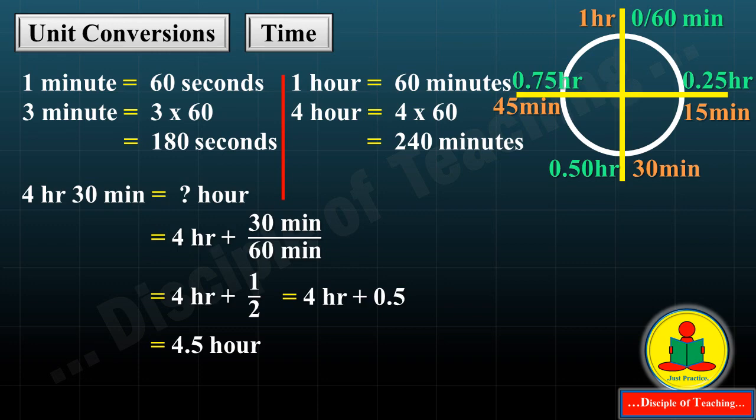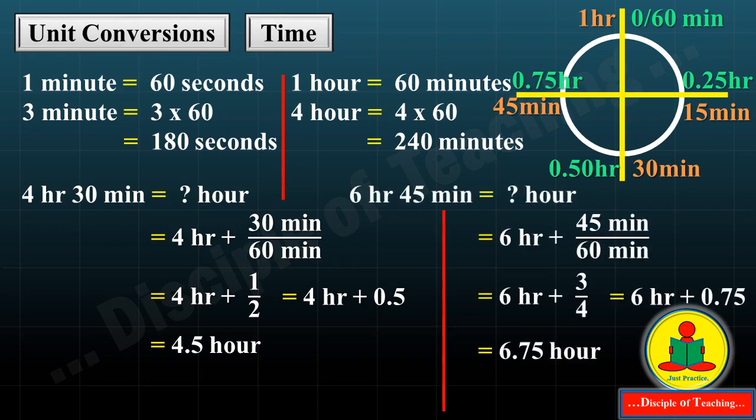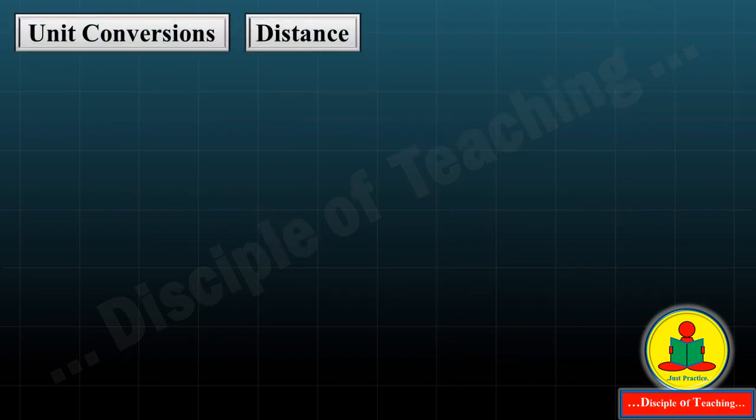And 60 minutes is equal to 1 hour. Now you can tell me the value of 6 hours 45 minutes is equal to 6.75 hours without doing any calculations. That's it.